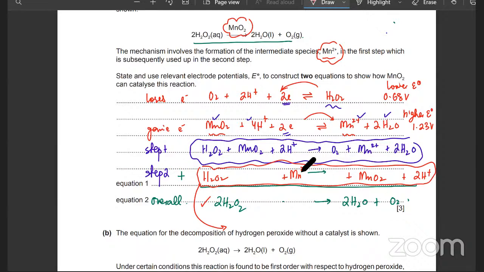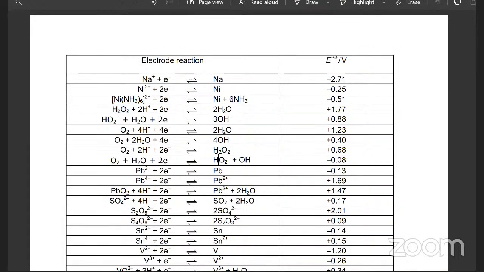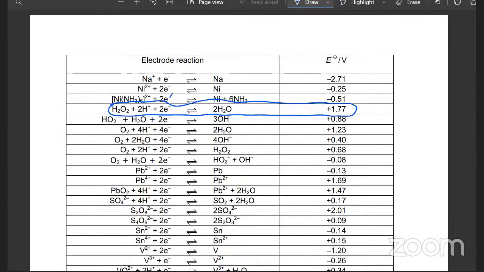Remember, it's pretty easy now. Mn2+ is the one that's losing electrons now. So I want an equation where H2O2 is gaining electrons. So if I look at the data booklet, I want H2O2 to be gaining electrons. So it's probably this one, because I think there's only one equation where H2O2 is gaining electrons.